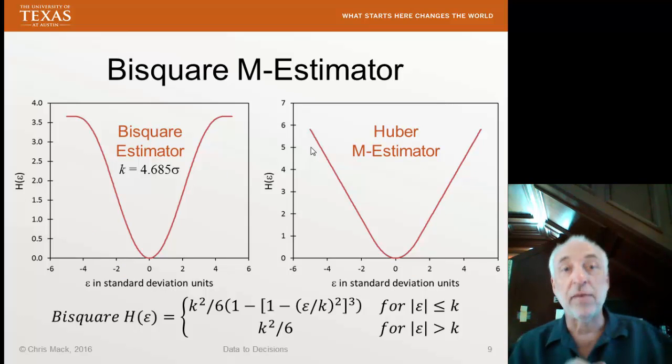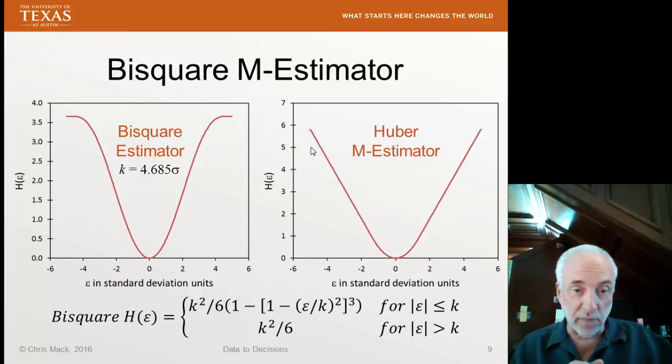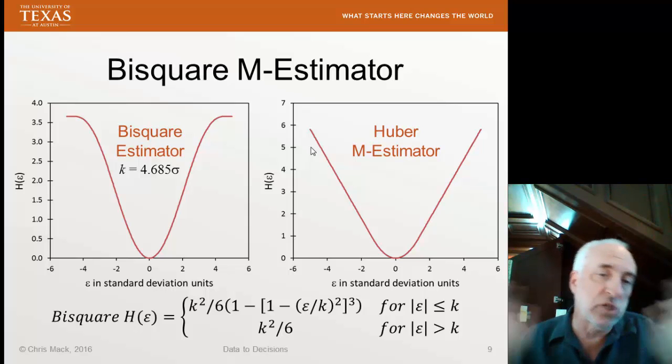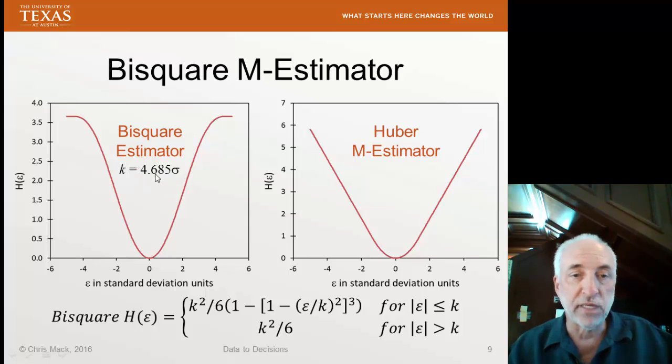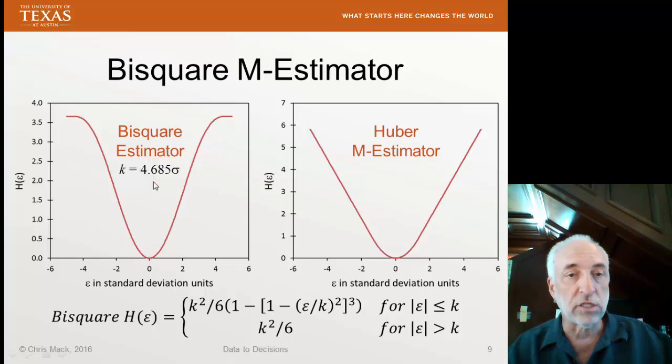Another popular M-estimator is called the bisquare estimator. I think it was Tukey who proposed this. And this is even more robust because after you get out to some distance away, in this case about 4.7 standard deviations away from 0 for our residuals, the weighting becomes a constant.